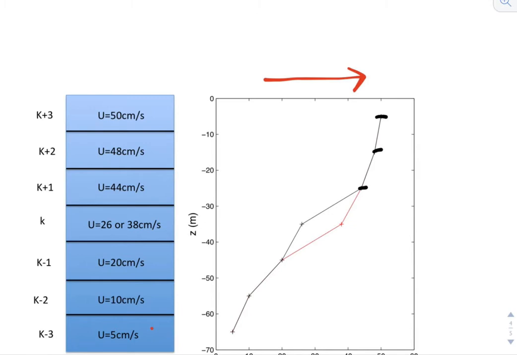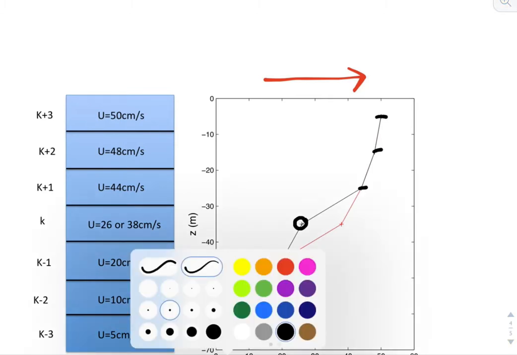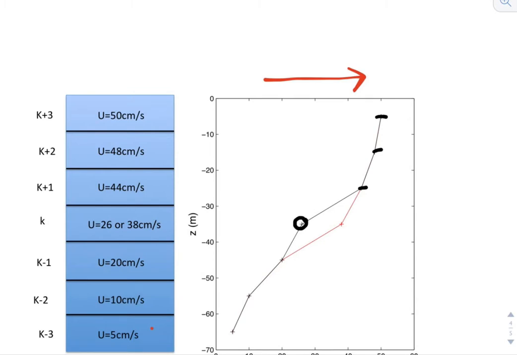And what I'm going to do, this is my point of interest, is estimate that partial u partial z at this location, which I'll mark with a blue dot, and at this location here. So between the upper parcel and the parcel of interest, and between the lower parcel and the parcel of interest. At these two interfaces, I'm going to estimate partial u partial z. That's what I would like to get.